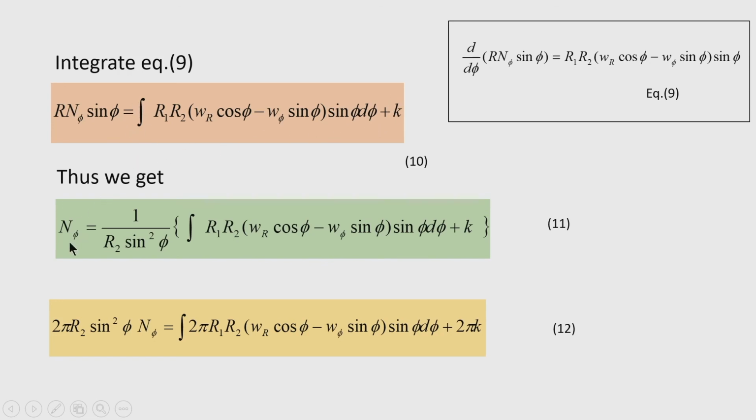So, from this equation we now obtain n phi equal to 1 by (r 2 sin square phi) times the integral of r 1 r 2 (w r cos phi minus w phi sin phi) into sin phi d phi plus k. K is a constant of integration which has to be found from the edge condition. Now, in case of the surface of revolution having a cut at edges, or having the known n phi at one edge or at the other edge, we can find the value of k.